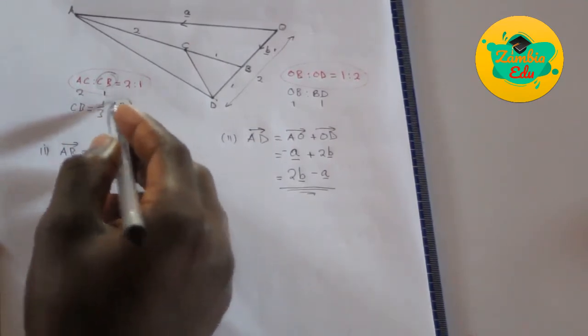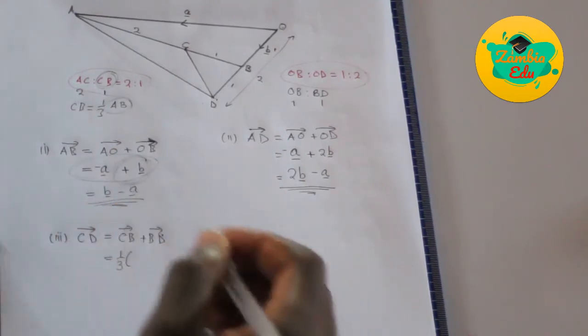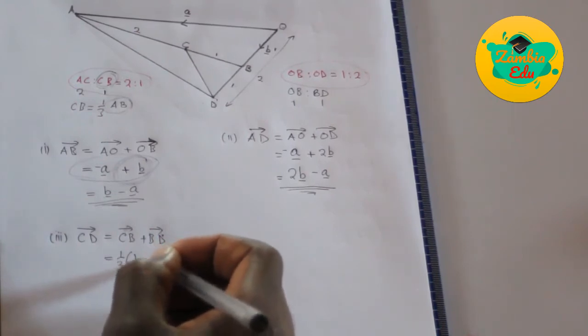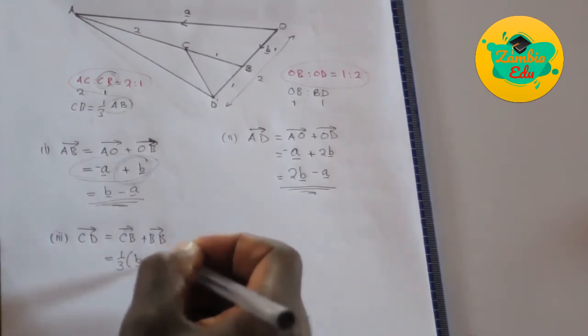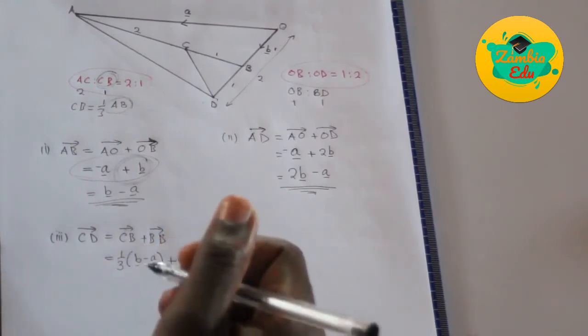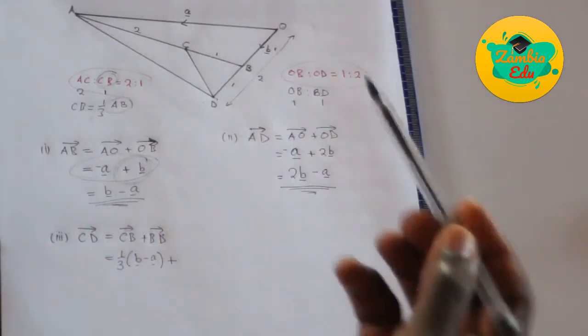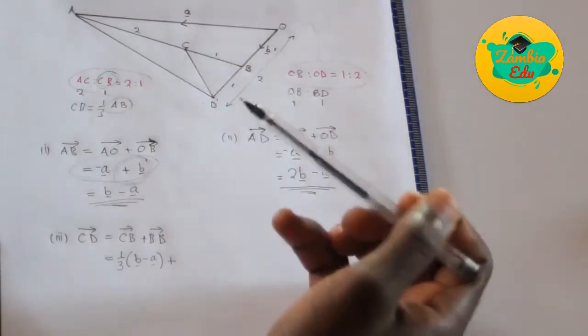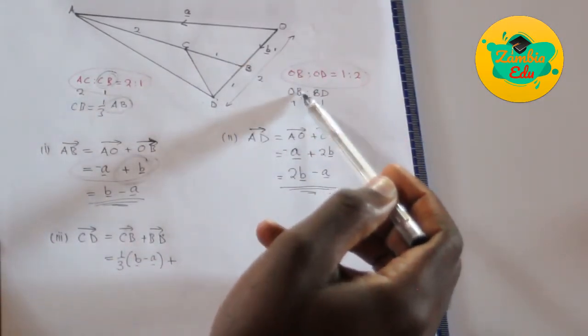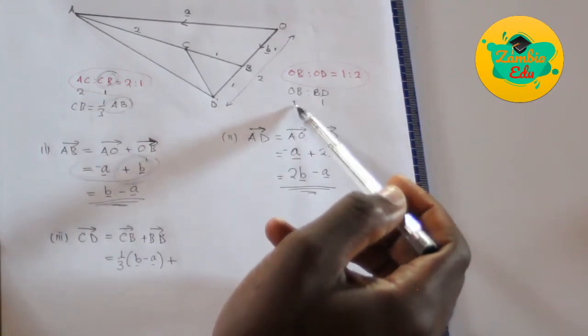So what's the value of AB is what we are going to find there. So we just replace that. Our AB is B minus A, open bracket, plus what's our BD? Our BD in our previous question, we said that OB to BD is equal to the ratio 1 to 1.